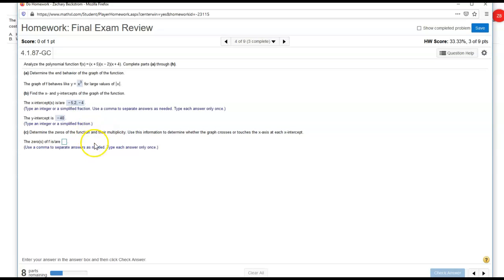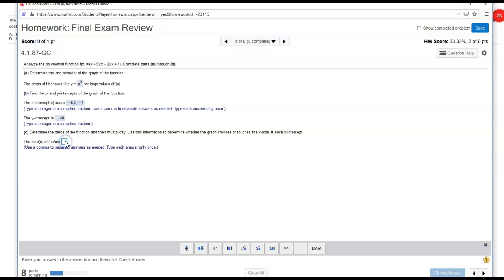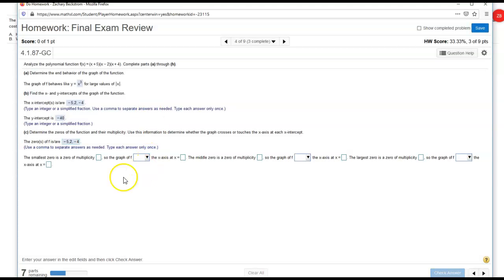All right, determine the zeros of the function and their multiplicity. Use this information to determine whether the graph crosses or touches the x-axis at each intercept. The zeros of the function are, well, those are just the x-intercepts, right? So -5, 2, -4. Same as before.